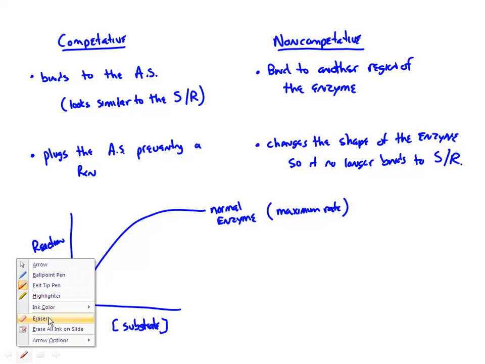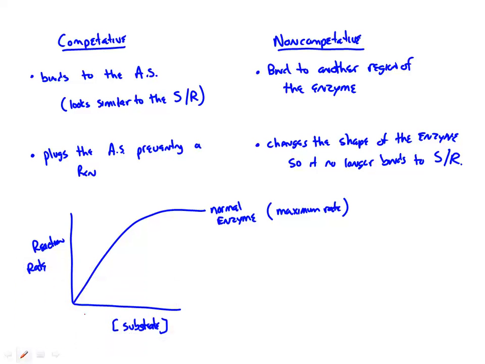And so a competitive inhibitor tends to lower the reaction rate at low concentrations, but it still has the same maximum rate. So the red line will be our competitive. At low concentrations, it decreases the rate.